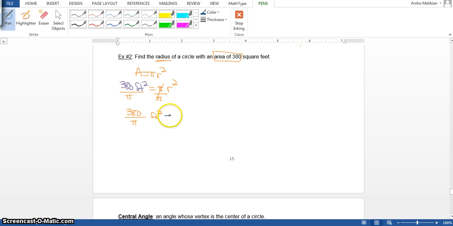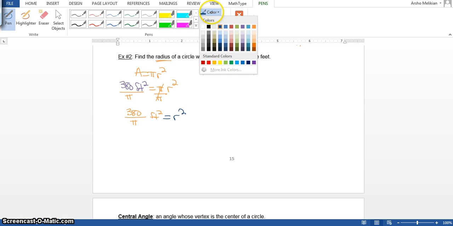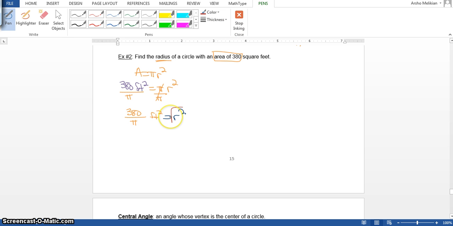I take a square root of both sides. Square root. So here I have the square root of 380 over pi, and the unit is just going to be feet.